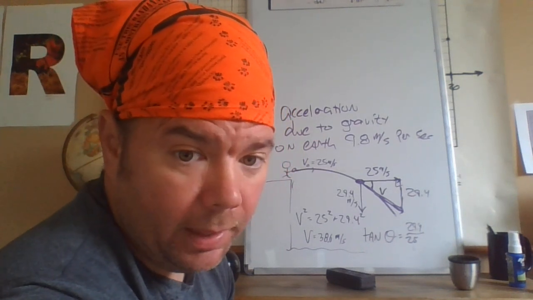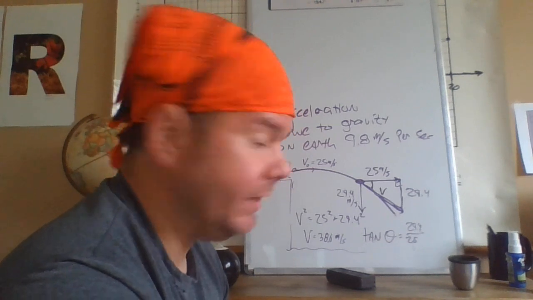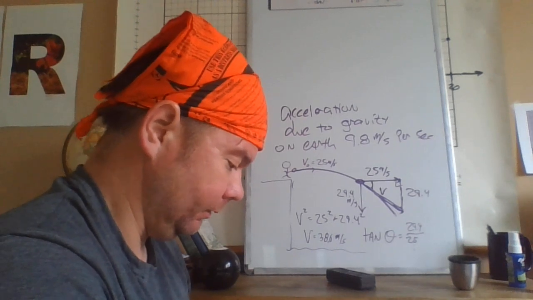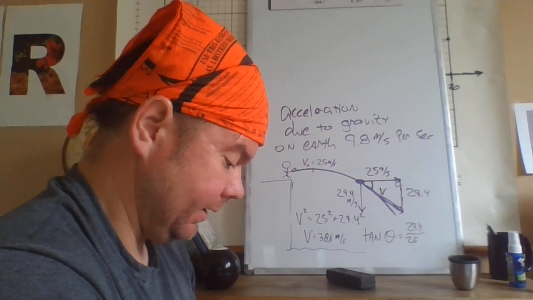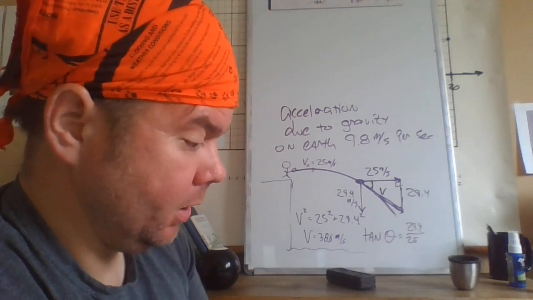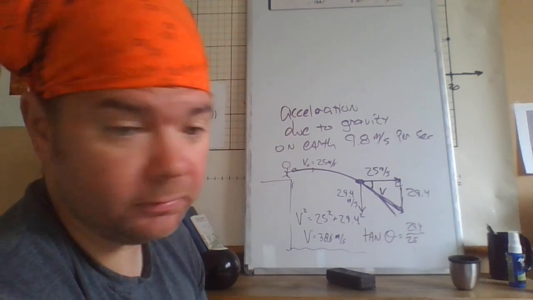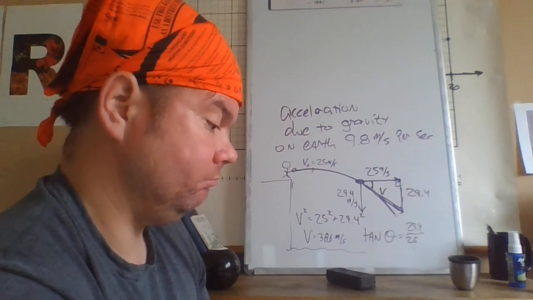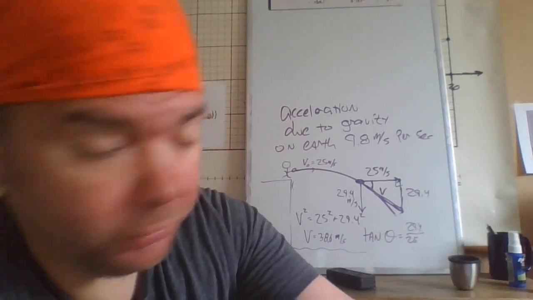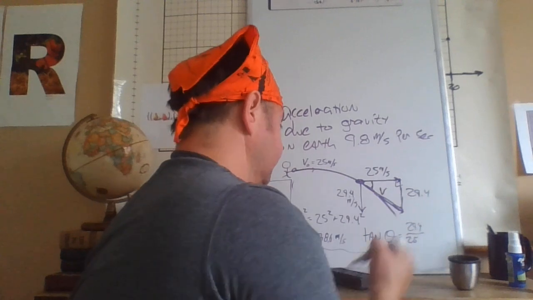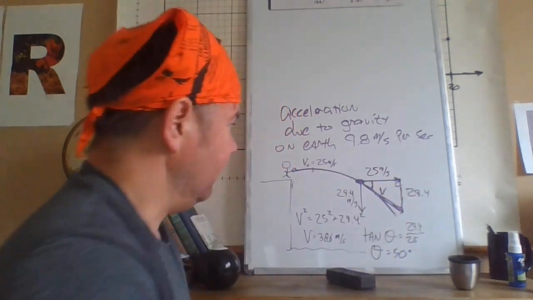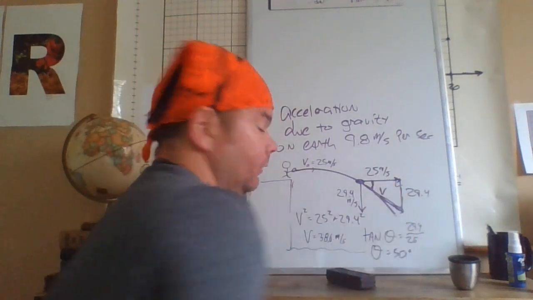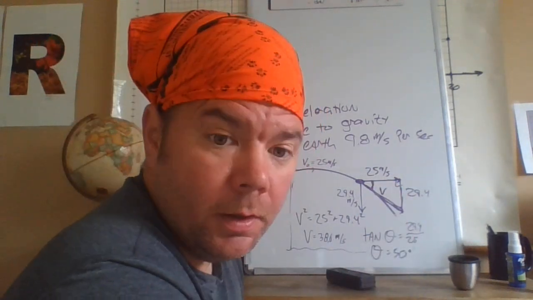To solve for the unknown angle, I am going to do the inverse tangent of both sides of that equation. So really I'm doing inverse tangent of 29.4 divided by 25. Boom. It tells me 49.6 degrees. I'll just call it 50 degrees. So this angle is 50 degrees, so I would say theta equals 50 degrees. So, that's the full story.